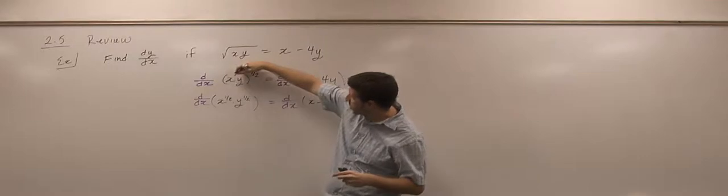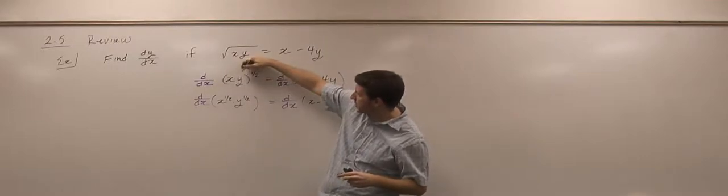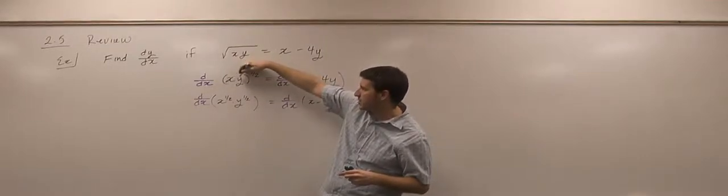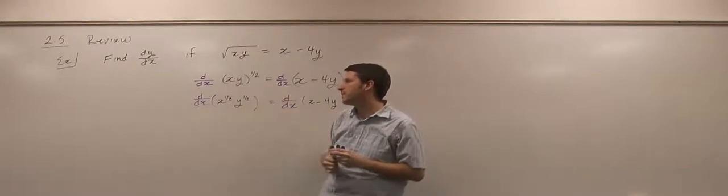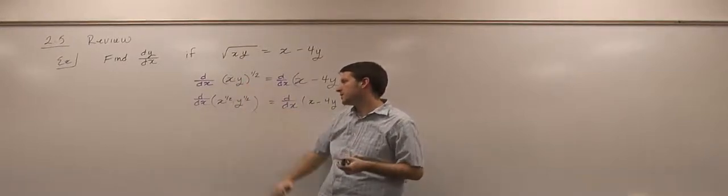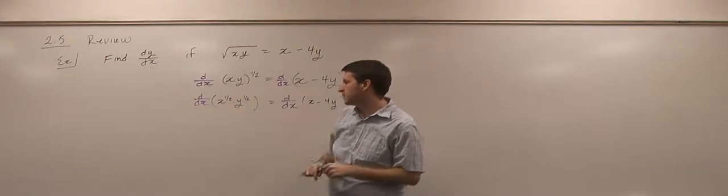Because this is multiplication, you can put the exponent on each of the factors. If it were addition, you wouldn't be able to do that. But it is multiplication, so we did, and now, how does this derivative work?